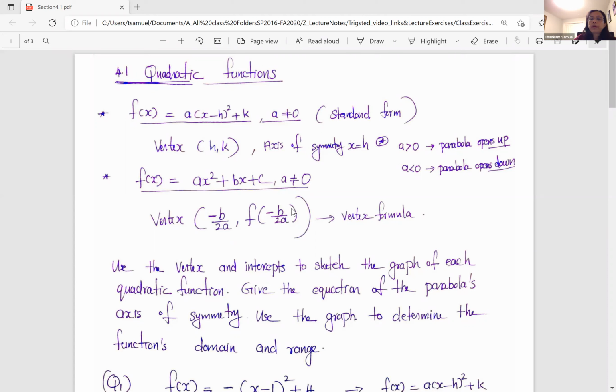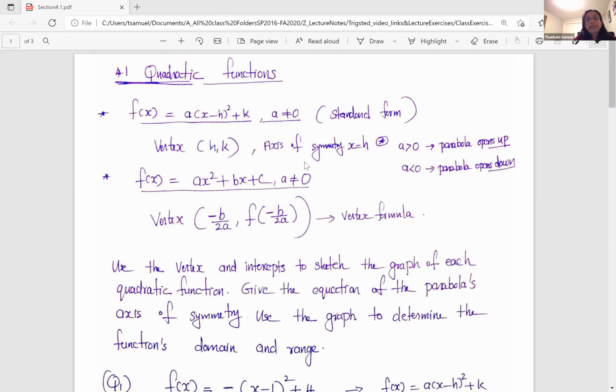And also please notice that in both forms, a is the leading coefficient, that is the numerical coefficient of the highest degree term. If a is greater than 0, the parabola opens up, and if a is less than 0, the parabola opens down.